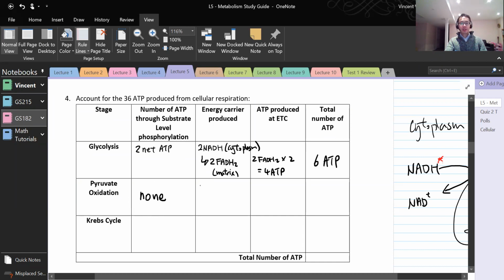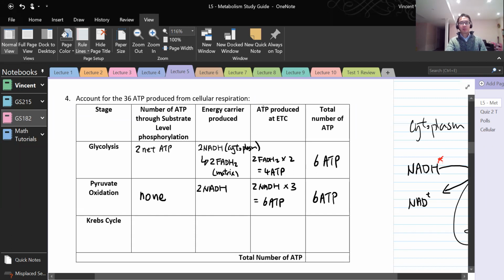And for energy carrier, we will have 2 NADH. And these two NADH will go to the ETC. We are already in the matrix, so we don't have to transfer them. Just multiply by 3. So that's 6 ATP. So if you add it all up, we will have a total of 6 ATP.